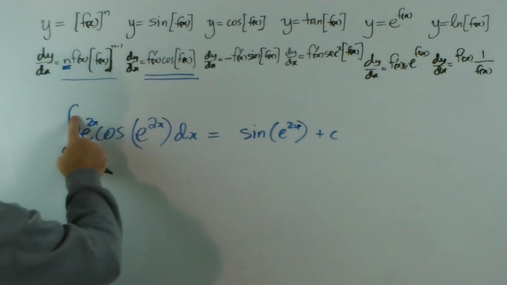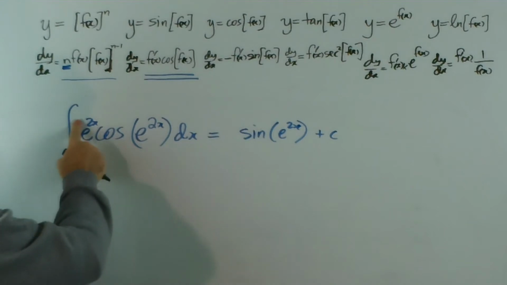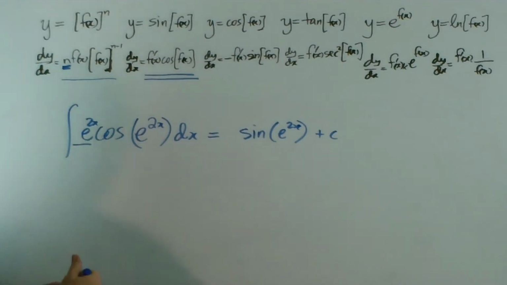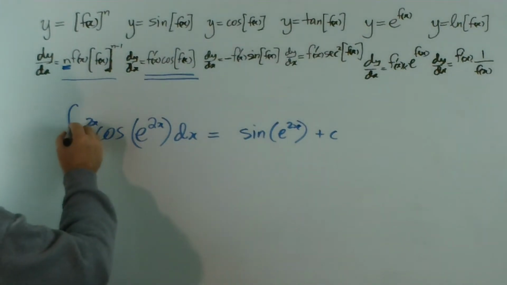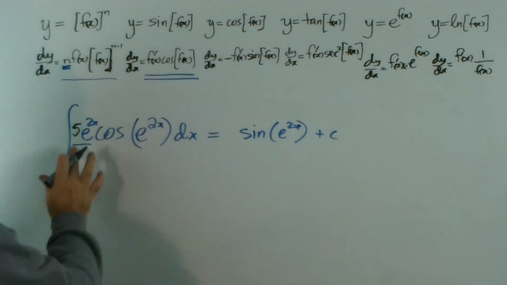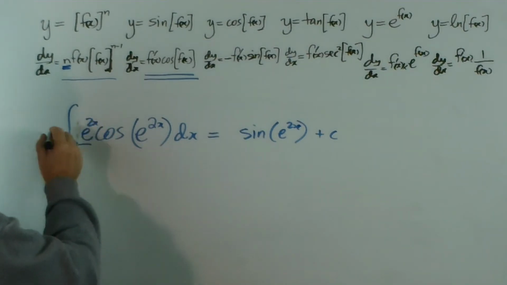Now if the 2 happened not to be there, we would have to create it. Let's imagine it had a 5. What we would do is we would move the 5 out the front.